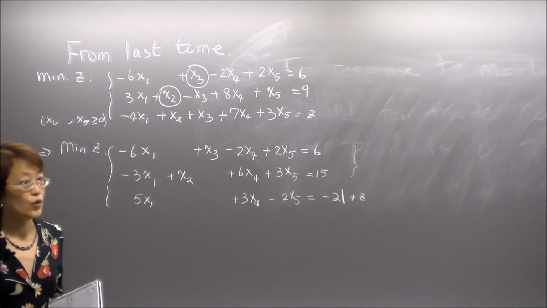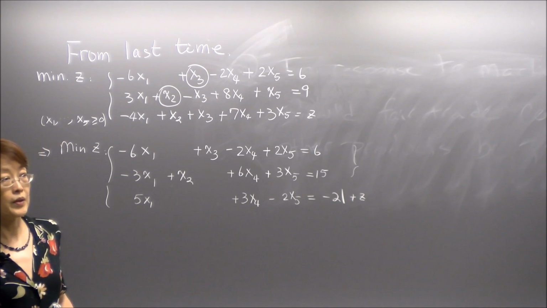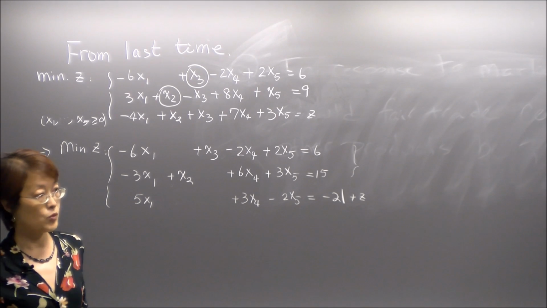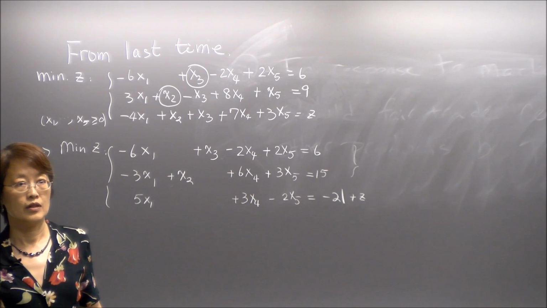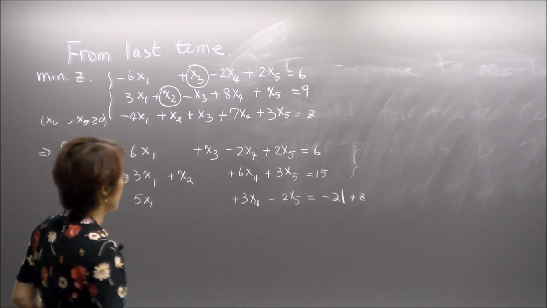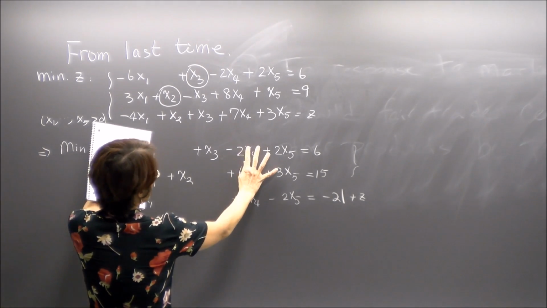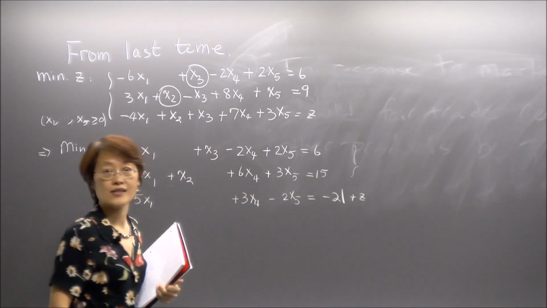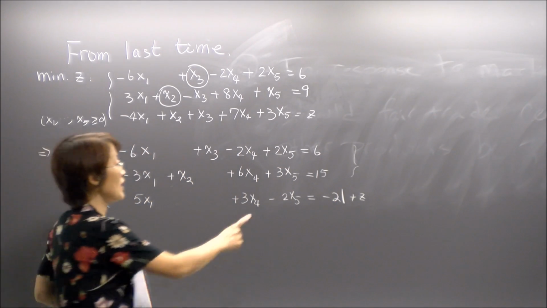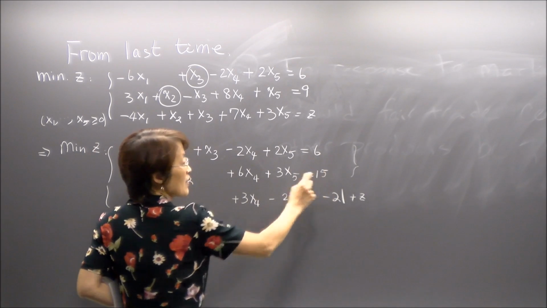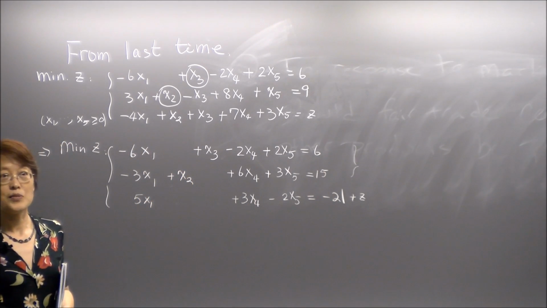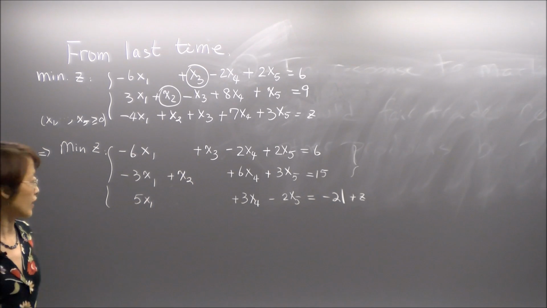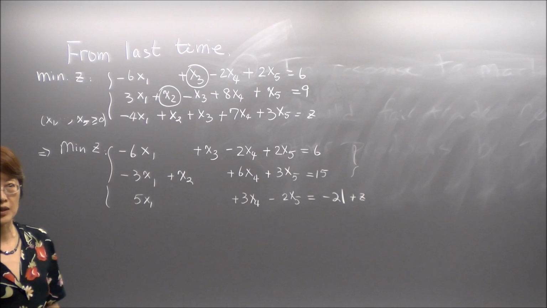I will set all the non-basic variables to be 0, and if these are all 0, what will the basic variable take value from? The right-hand side. Is that right? So the right-hand side here, they must be non-negative. Otherwise, the basic solution would not be feasible. Is that right? So just want to highlight all that, because later on all these will come into a big algorithm that we'll use.